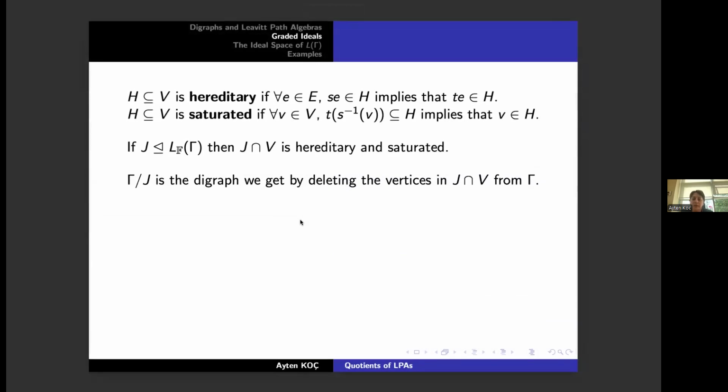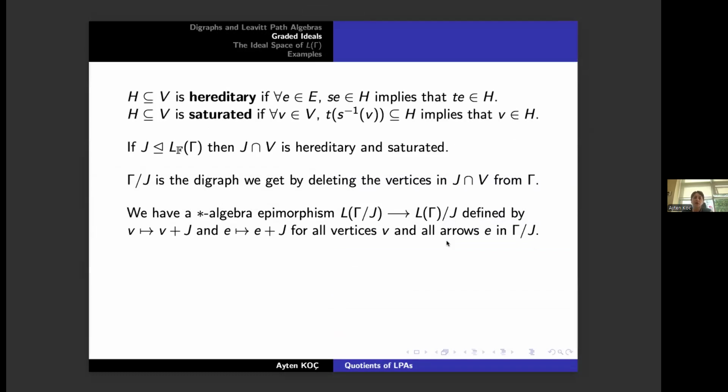Now let's define a new digraph. Gamma over J is the digraph obtained from the digraph gamma by deleting the vertices in the ideal.